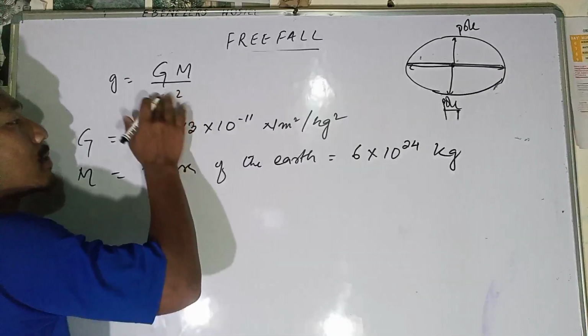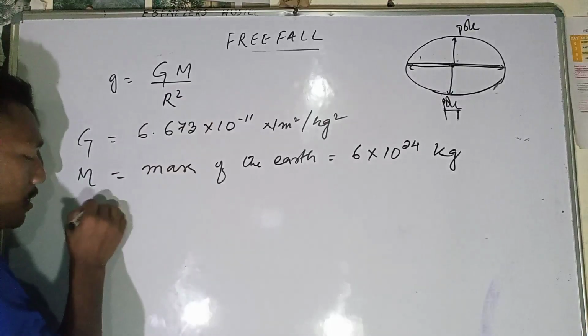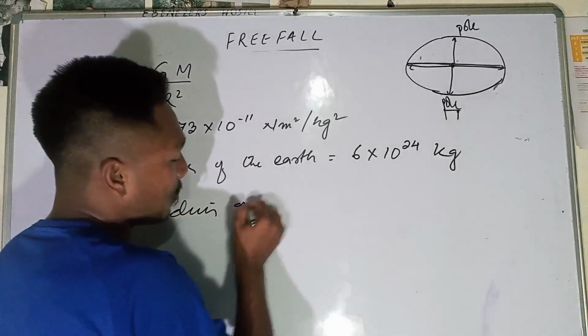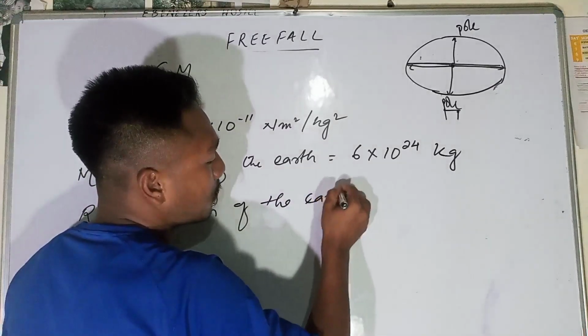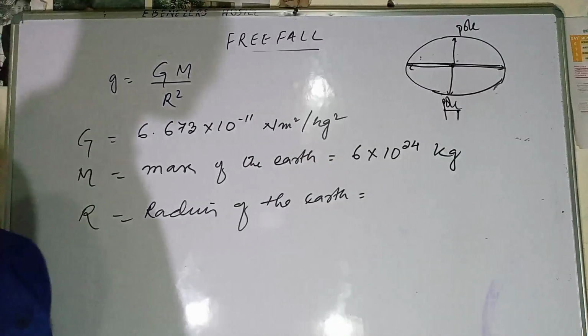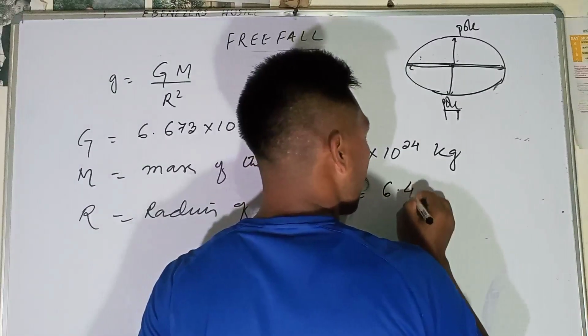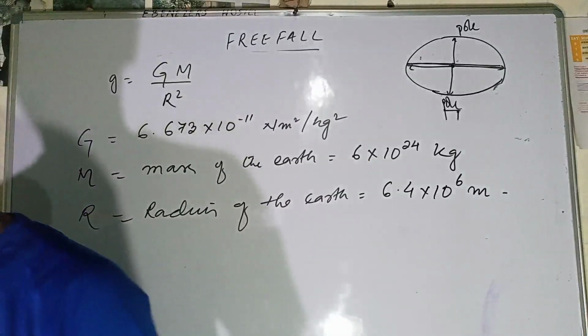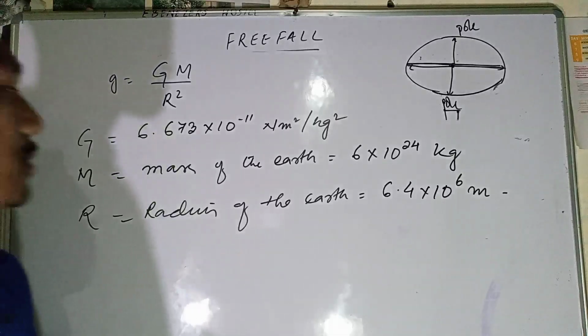Let's take this as capital R, that is the radius of the Earth. The radius of the Earth will be nearly equal to 6.4 into 10 to the power 6 meters. So these are all the units.